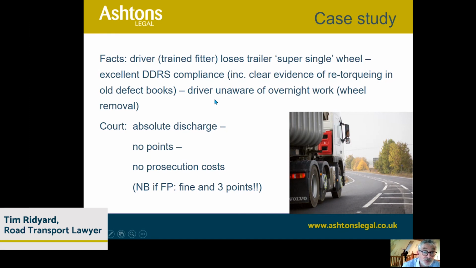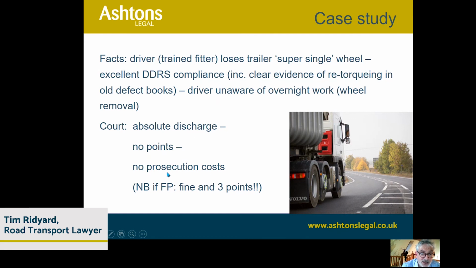But what was good about this driver is that we were able to go back over his old defect books, and when he knew that a tyre had to be retorqued, there were stacks of evidence of that from weeks and months before. So we used that evidence in court, and the court agreed that the driver was absolutely blameless and gave him absolute discharge. No points on the licence and no prosecution costs.